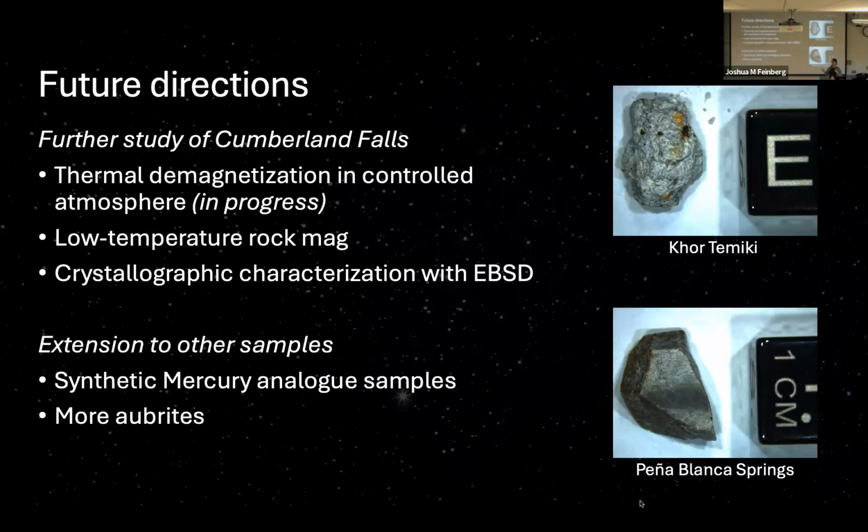I hope you're not tired of me again, but feel free to come by. We're in the middle of a thermal demag in controlled atmosphere of this slice, and also planning some crystallographic characterization to try to understand what we're seeing, and then hopefully also extend this to other Albrights and some synthetic Mercury analog samples. So this is just an example of that.